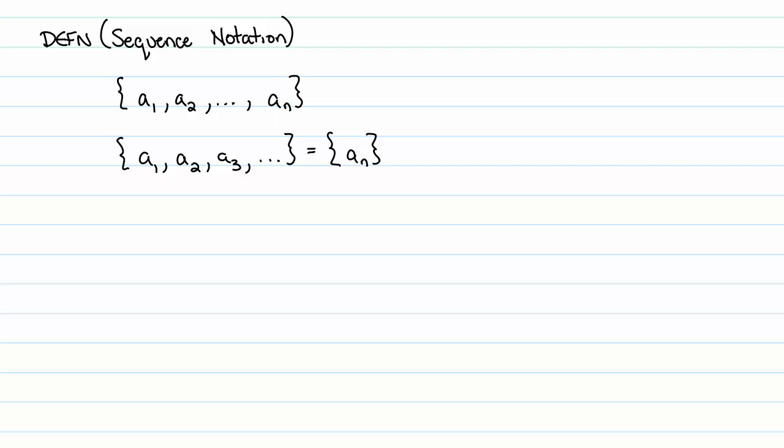In mathematics, we will have a function that A sub n is defined by. And so given that function, we will often write the sequence notation in this brace like this with the function notation inside. I'll give you an example in a moment. Another way we could write this is, again, the brace, A sub i, well, maybe I'll use n, A sub n goes from 1 to infinity.